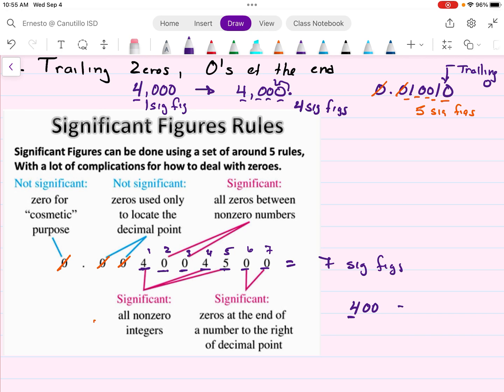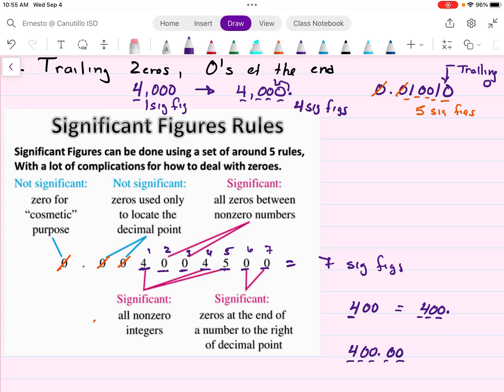If I rewrite that as 400 with a dot, with a decimal, now I have 3 significant figures. If I add zeros beyond the decimal, then all these numbers are significant.